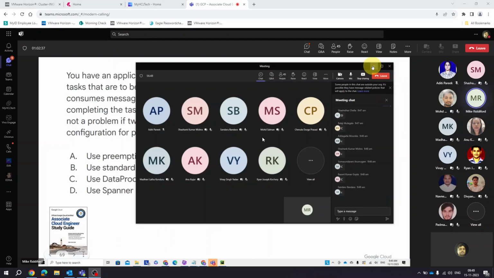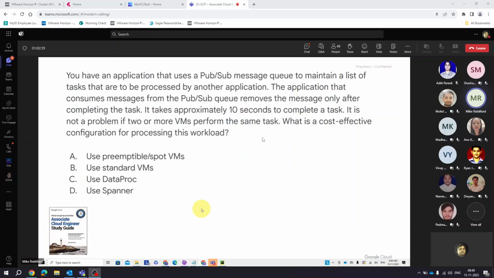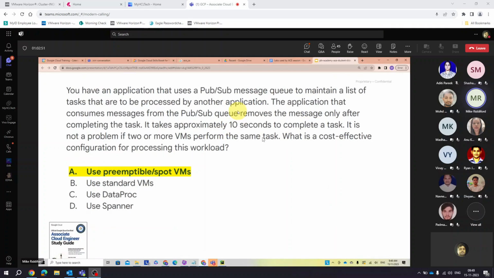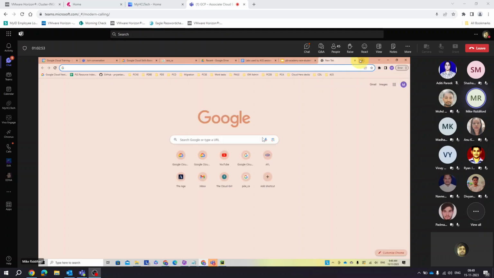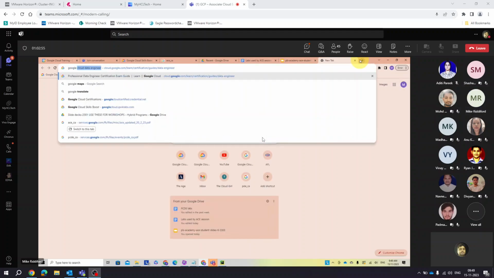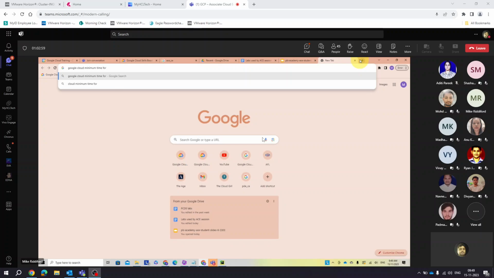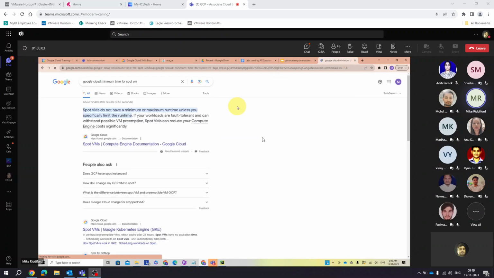Okay, so a lot of you are going for C, but the correct option here is A, because of the cost effectiveness and the fact that it only takes 10 seconds. I think 1 minute used to be the minimum time for a VM.